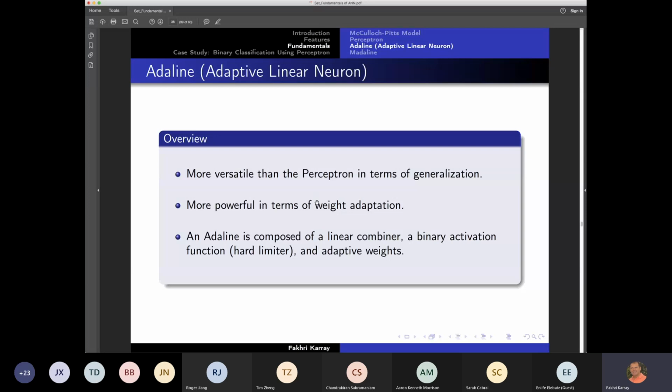So it is also more powerful in terms of weight adaptation. Why? Because this is the first time we are going to see in this particular algorithm that we utilize a formal way of optimization.